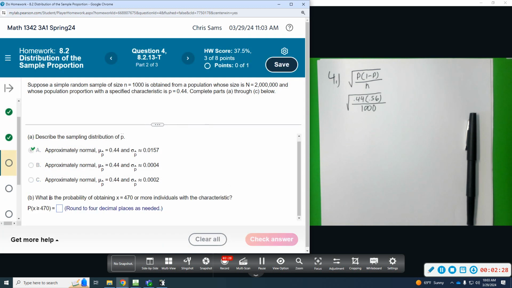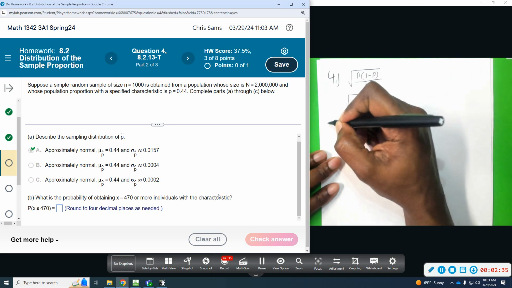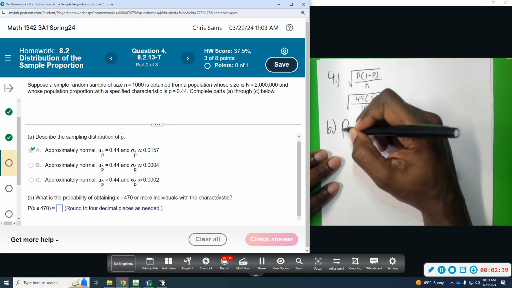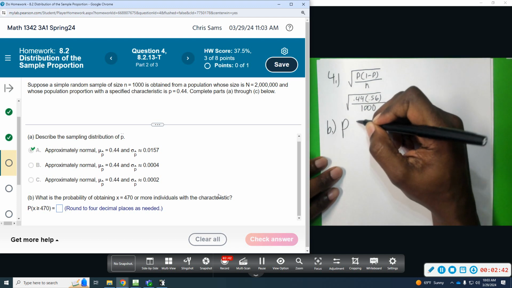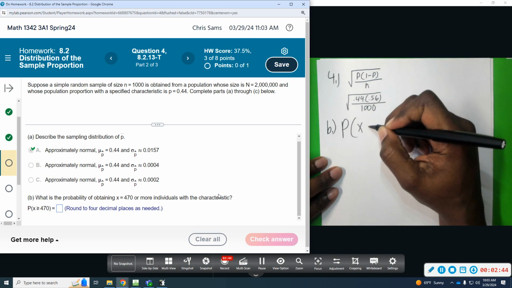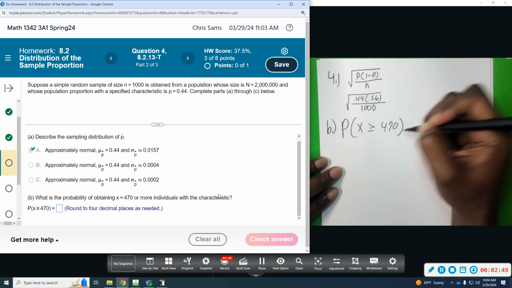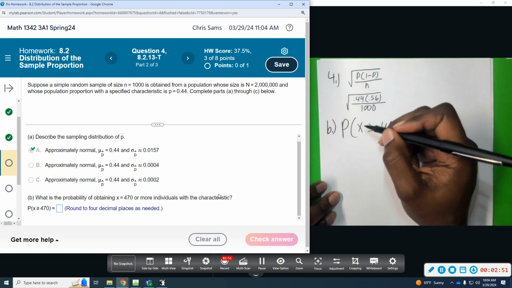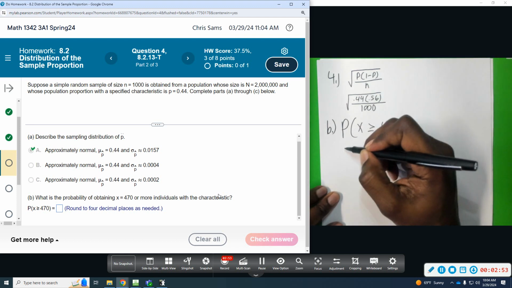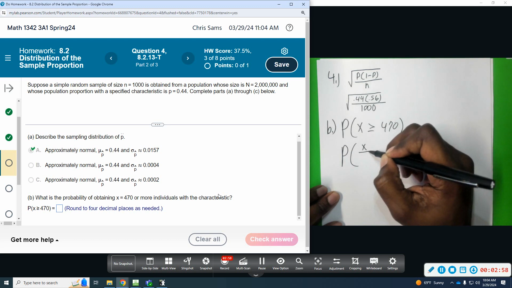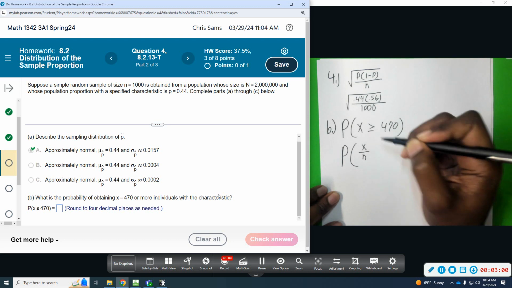Okay, so part B wants to know what's the probability of obtaining x equals 470 or more. So this time we have to use the definition of p hat to figure out what this is asking. So we're saying x is greater than or equal to 470. Ultimately we're going to do this in StatCrunch, but I just want to go through the setup. Remember, x divided by n is your p hat, that's the sample proportion.